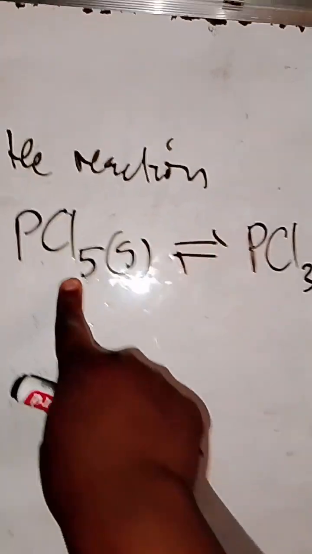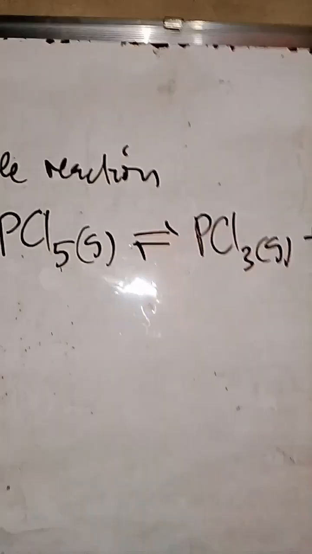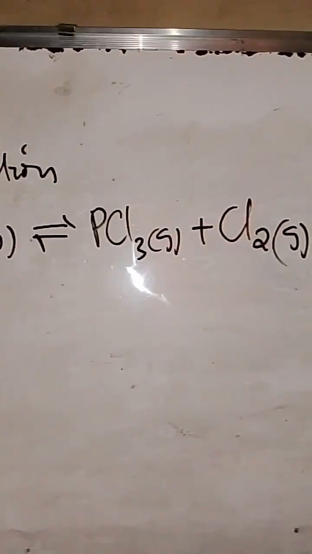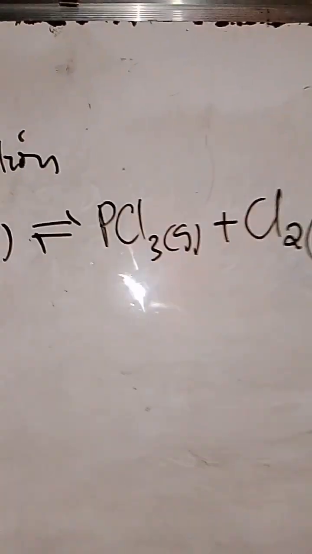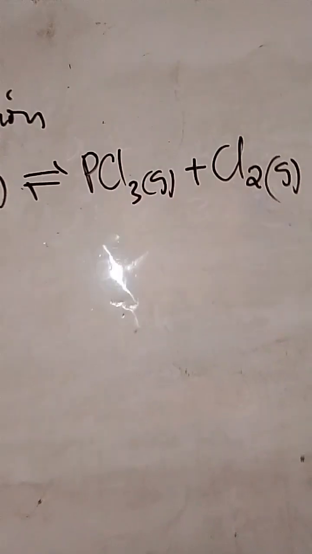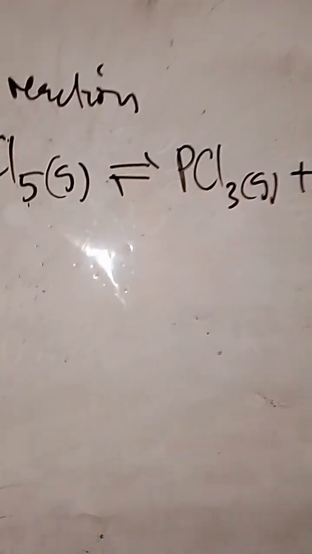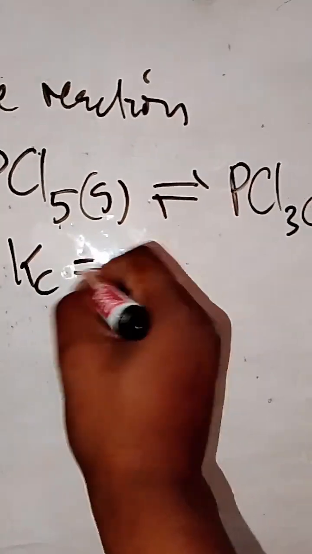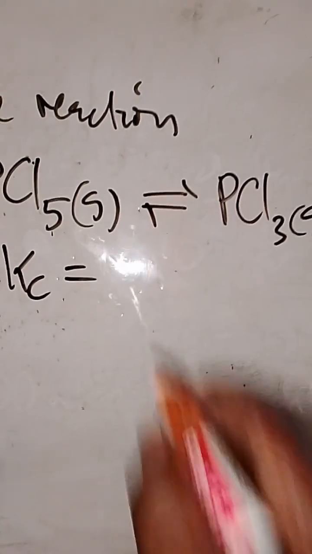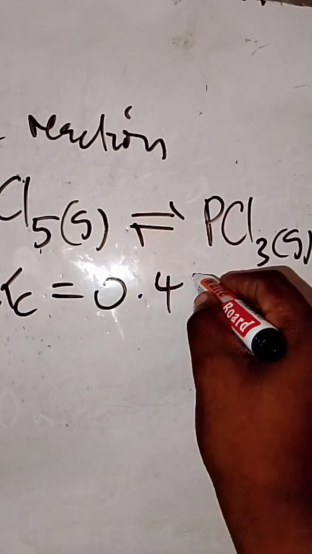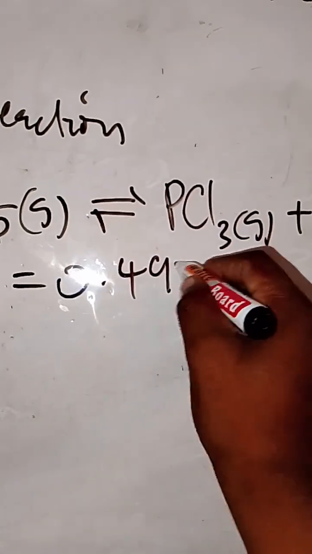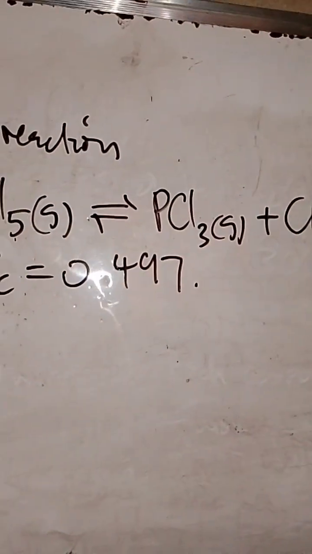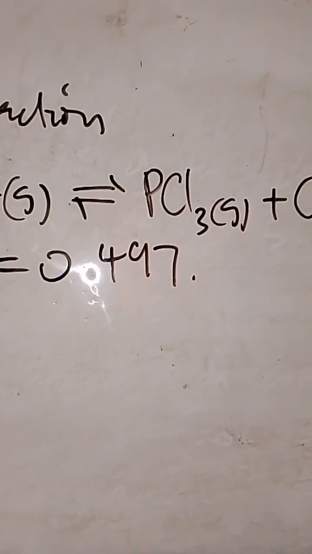That is, phosphorus pentachloride forms phosphorus trichloride plus chlorine gas. Okay, so Kc is equal to 0.4497. That is our Kc.